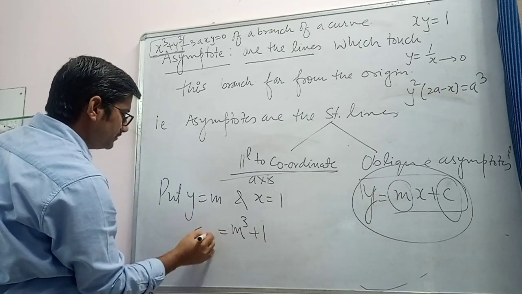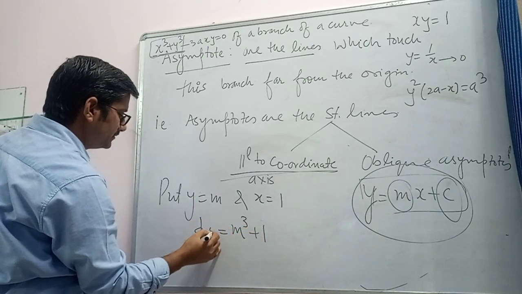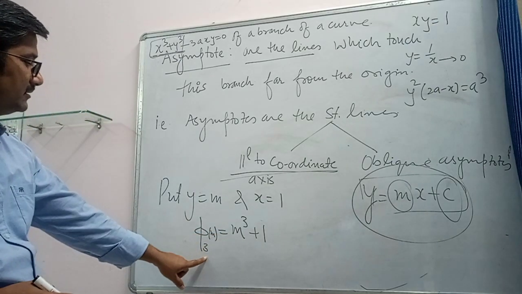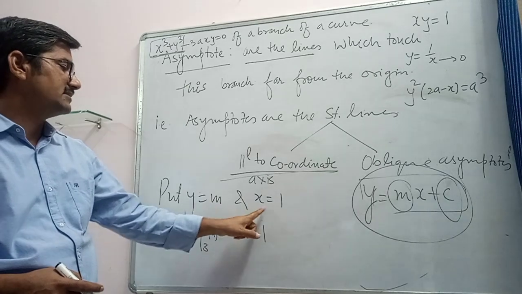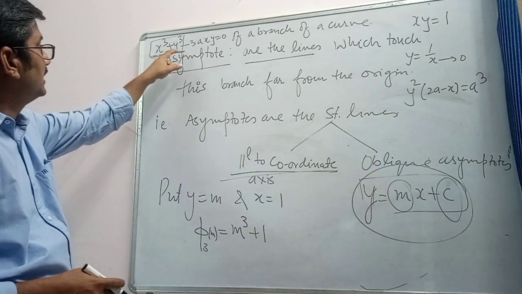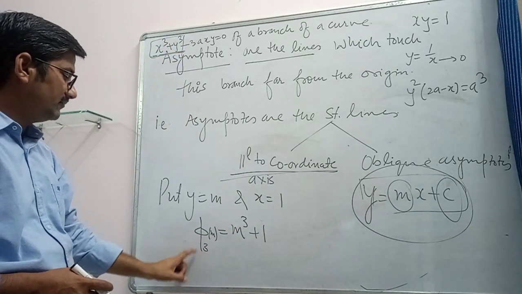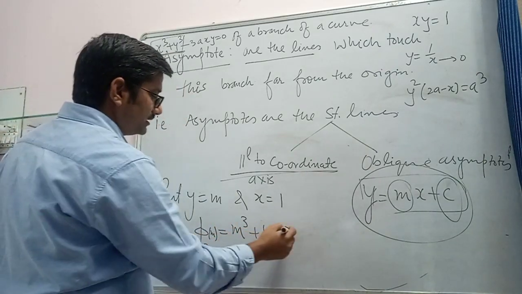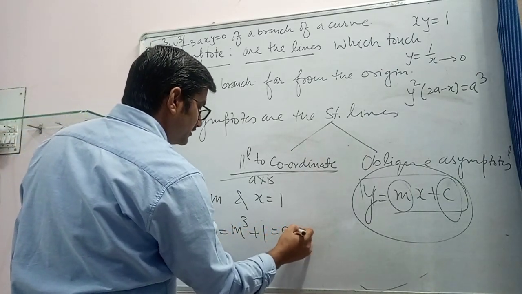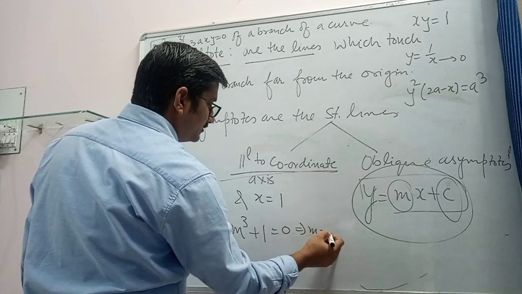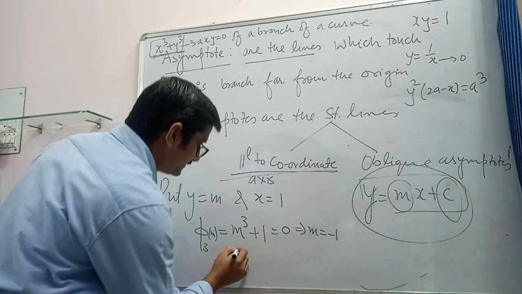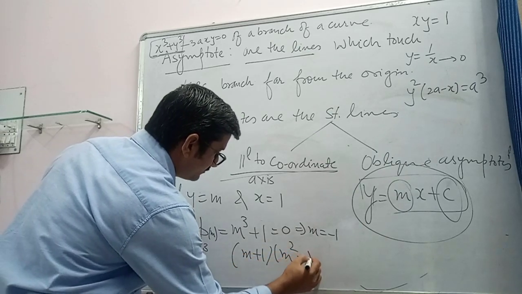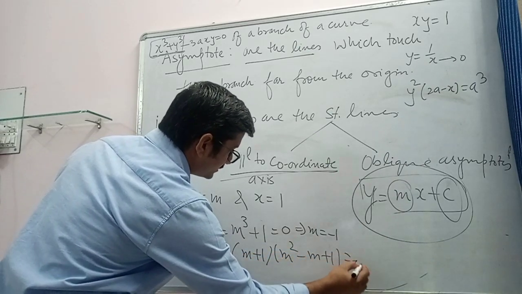So it is said to be phi 3 of m. It means it is a function in m which is obtained by putting y equal to m and x equal to 1 in the highest degree term, and it is of degree 3. So we have put here 3. Put it equal to 0 and solve this polynomial equation. So we will get m is equal to minus 1, because its factors are m plus 1 and m square minus m plus 1 is equal to 0.